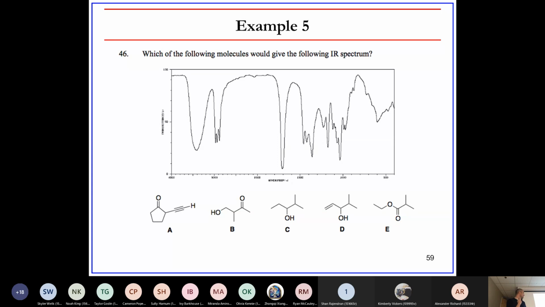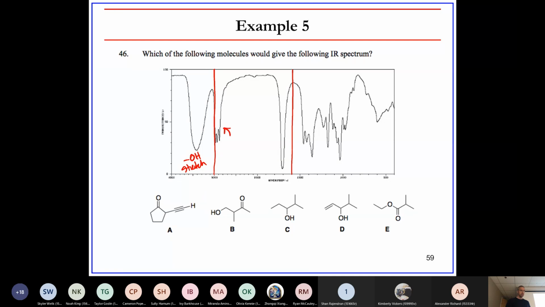More examples. 5 molecules in an infrared spectrum. 3000, we're going to go vertical here. 1600, we're going to go vertical again. And what do we see for A? See an alcohol again, OH stretch.